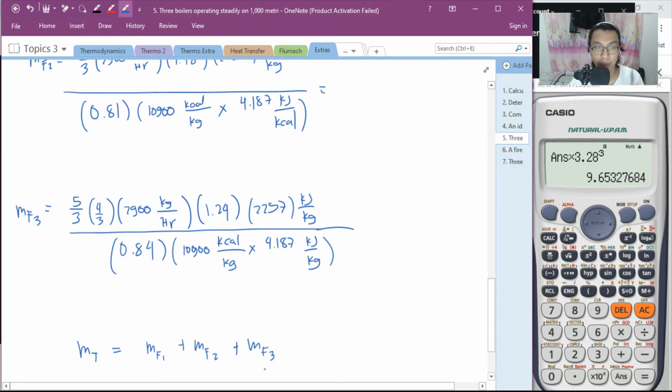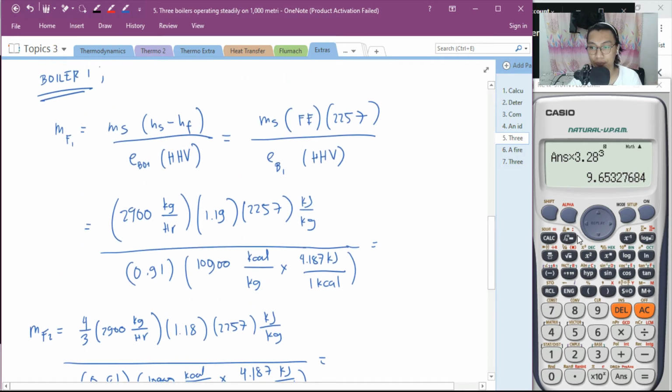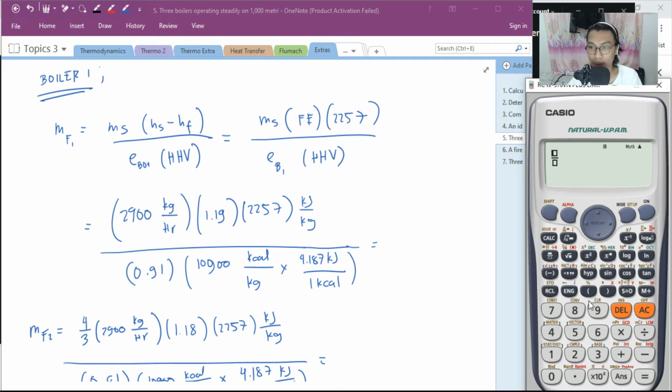Paulit-ulit lang yan. Unahin natin yung nasa taas. That is 2,900 times 1.19 times 2,257 divided by 0.91 times 10,900 times 4.187. Store natin to kay A.